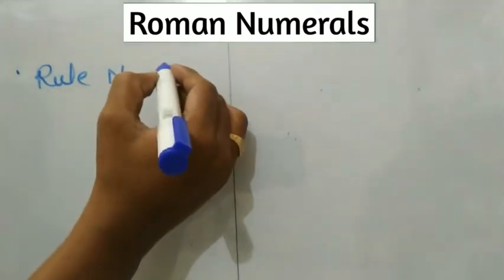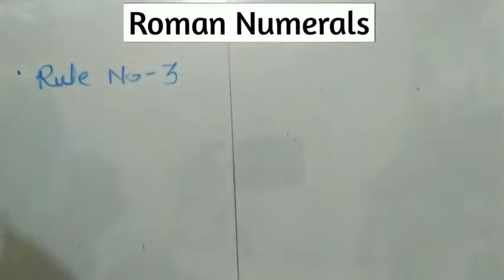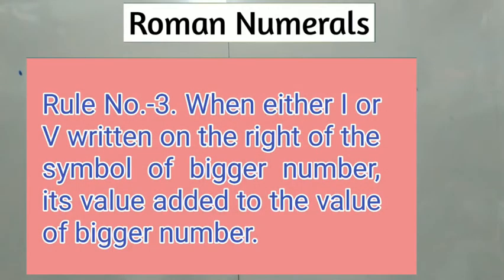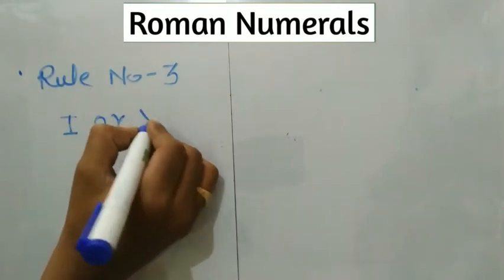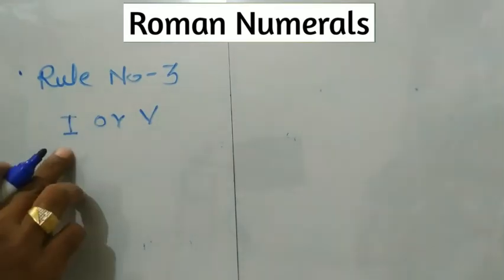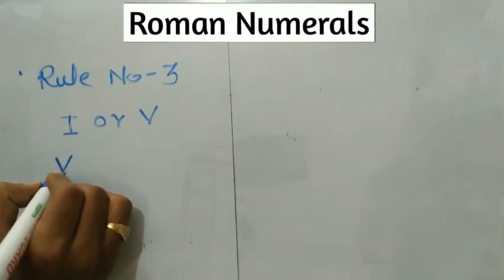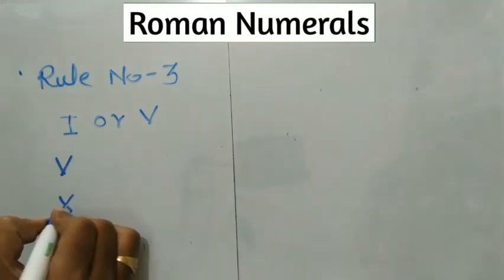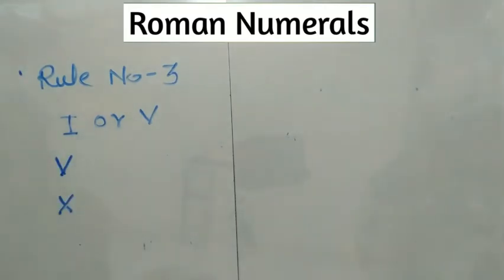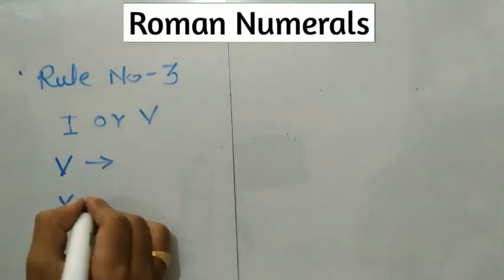Let me show the rule number 3. When either I or V is written on the right of the symbol of a bigger number, its value is added to the value of the bigger number. It means that if we write I or V on the right side of the bigger symbol, either V or X, we will see what will happen.